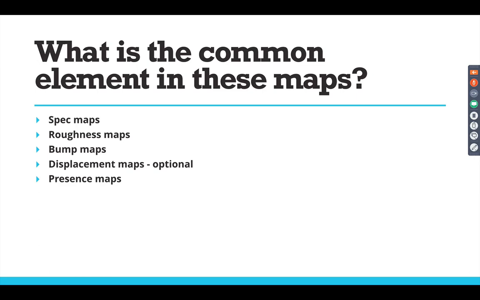You'll find when we get into displacement maps, in lecture 10, displacement maps contain the same information. We're going to get into presence maps next lecture. Those are alpha or opacity maps. They control what is visible and what's not visible. Again, black and white. Alpha channels, black equals transparent, white equals opaque.